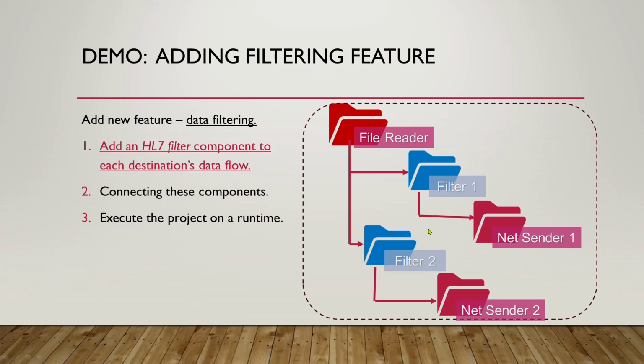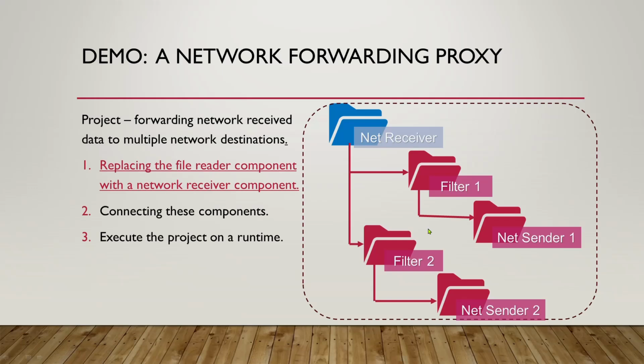Okay, but let's say you want to change your setup and make it a network forwarding proxy. What it means is that if you have a network receiver, you can forward the data to different destinations and put some filtering conditions for different branches, right? So it's like a forwarding proxy.